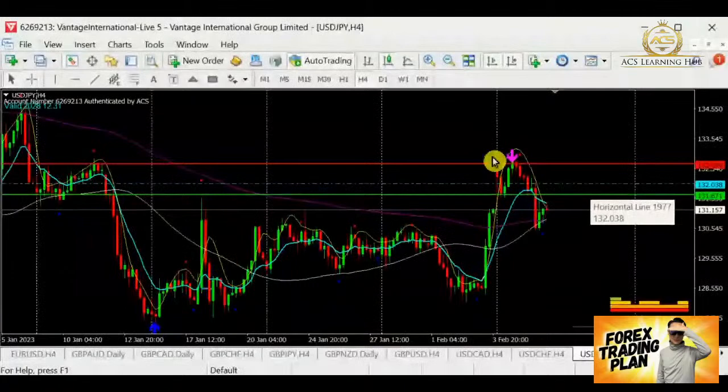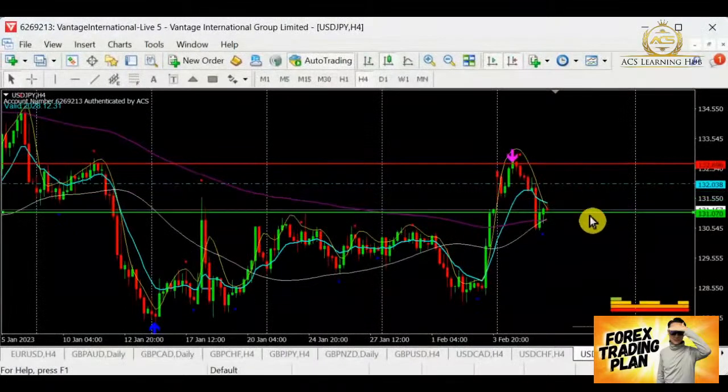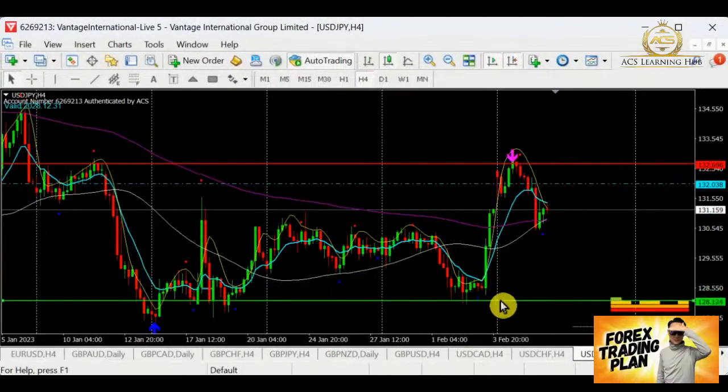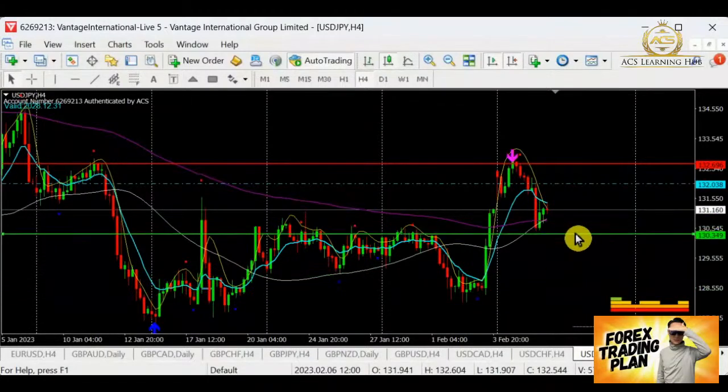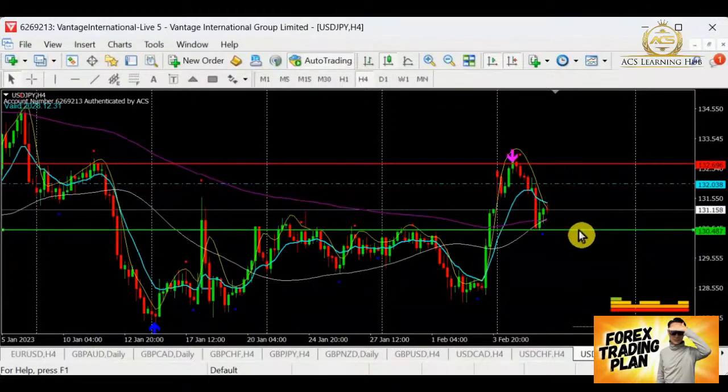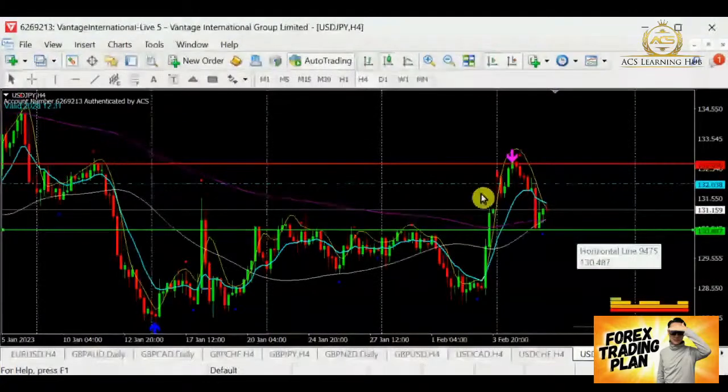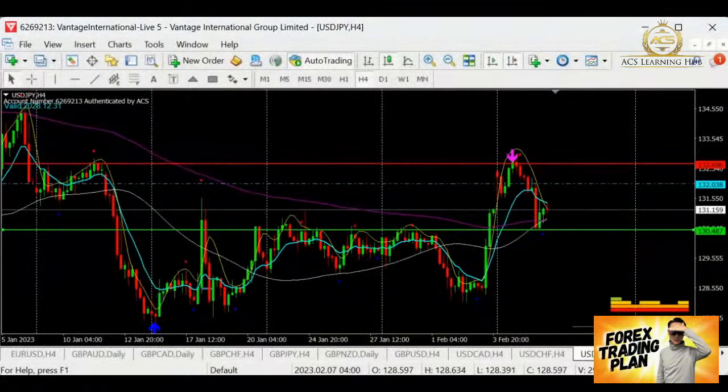It seems like there is still plenty of space down here to take. But let's wait for one selling downward trend signal, then after that we look out for an entry signal. So dollar yen is actually not bad, something we can still take note of.